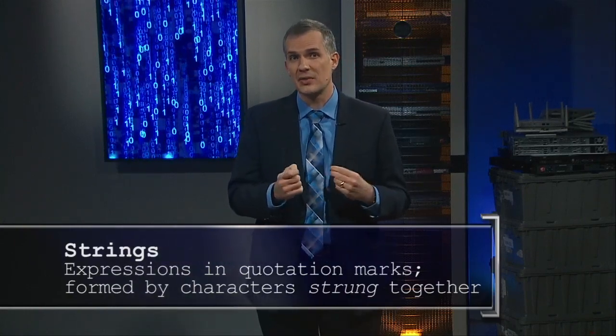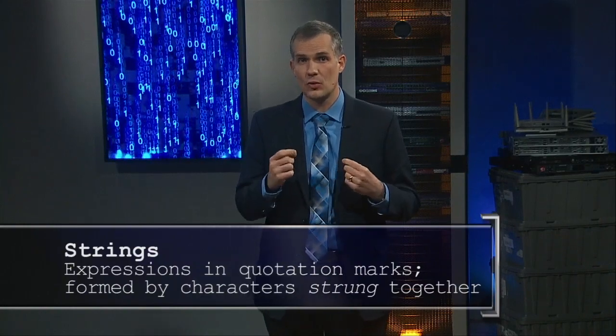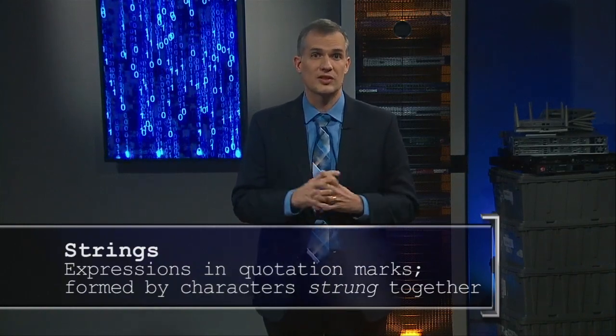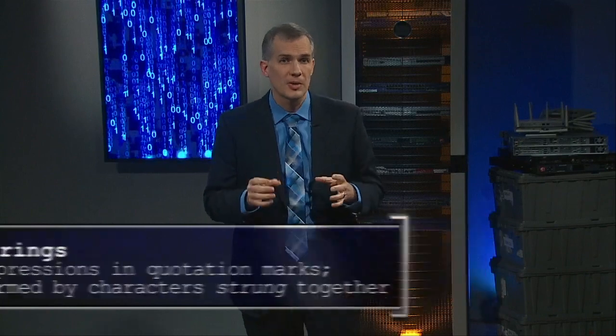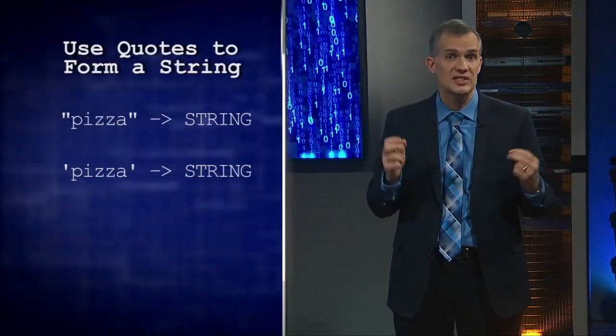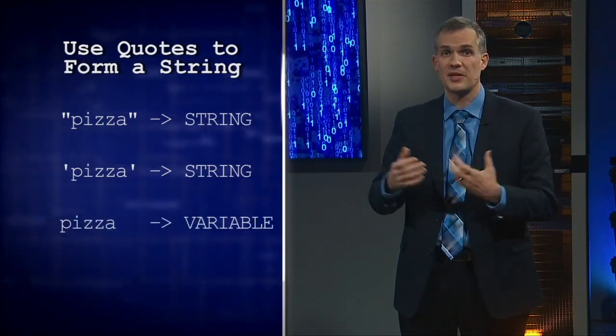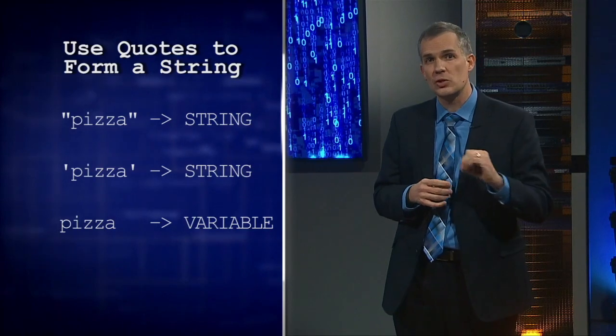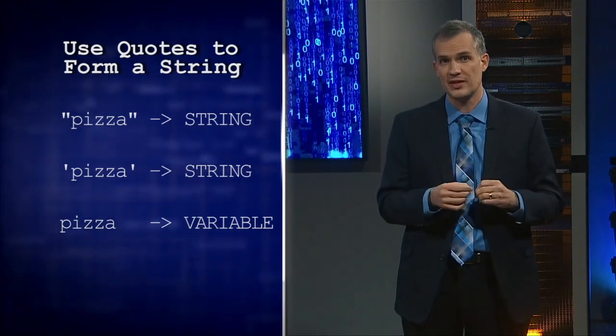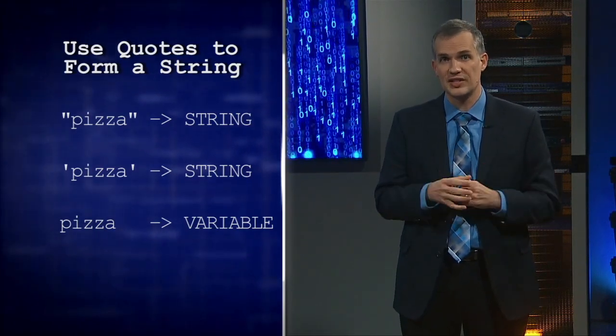The string can be enclosed within either single or double quotation marks. Both work the same way. Remember, though, that you need to have quotes to have a string. Pizza in quotes is a string, but pizza without quotes could be a variable name. If you're trying to refer to the actual letters of the text, you have to enclose the text in quotes.